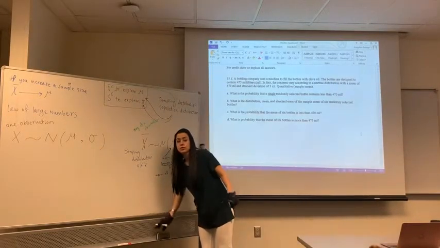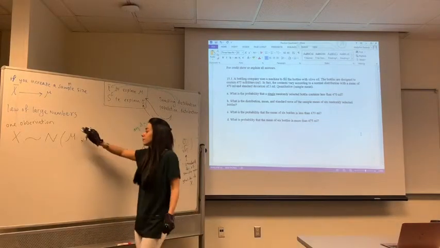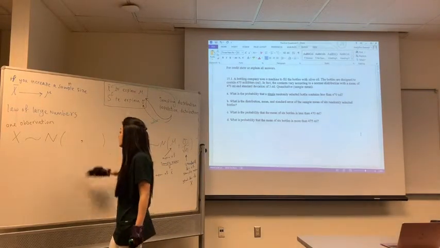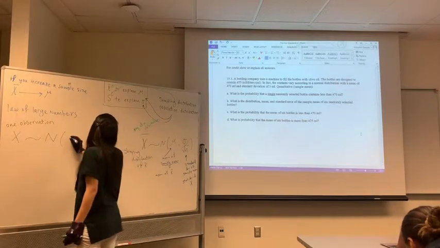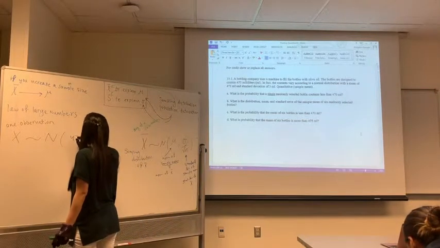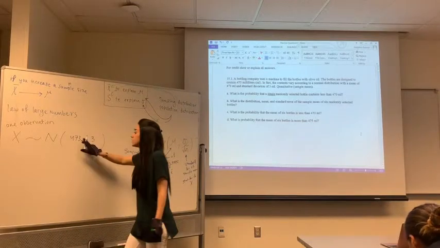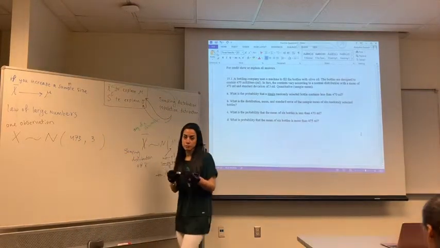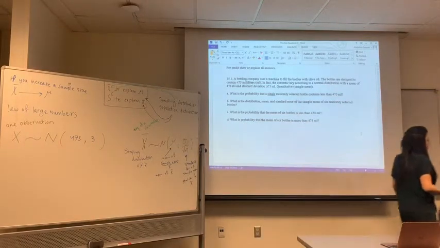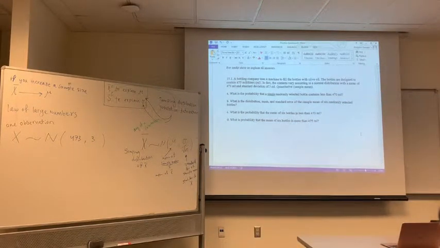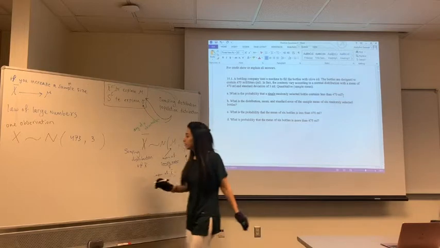So if we wanted to solve it using our information from chapter 3, for mu we have 473, for standard deviation we have 3, correct? It says, what is the probability that a single randomly selected bottle contains less than 470 milliliters?